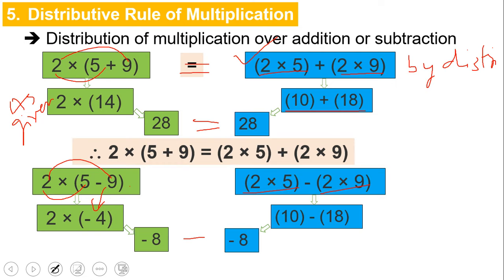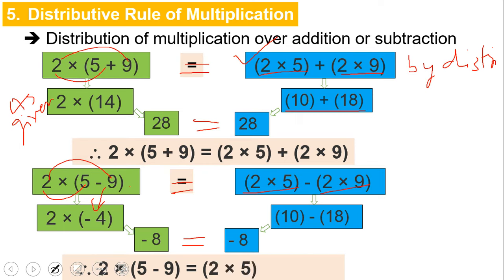So this result is the same, and hence this is equal. Is that clear? So hence 2 into bracket 5 minus 9 equals 2 into 5 minus 2 into 9. Is that clear?